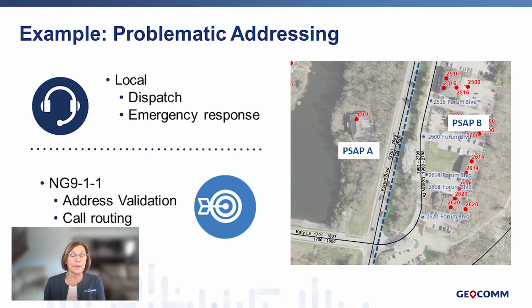If we look at the address point location, would they fall within the correct PSAP boundary? In this example, yes, they would. But you also have to remember that in creating these PSAP boundaries, these data layers work as backup with each other. So you have to make sure that your geocoded location and your address point locations fall within the correct PSAP boundary.